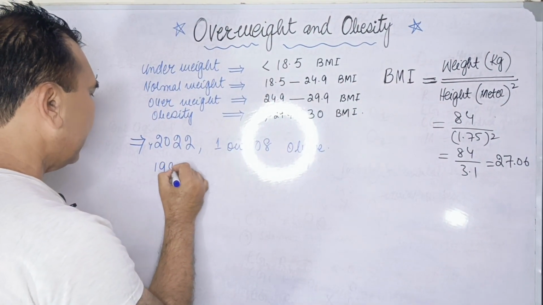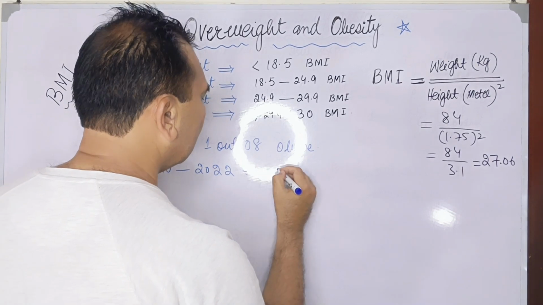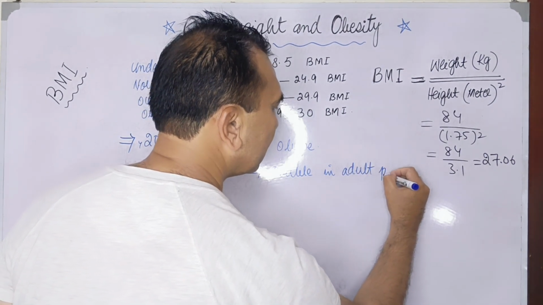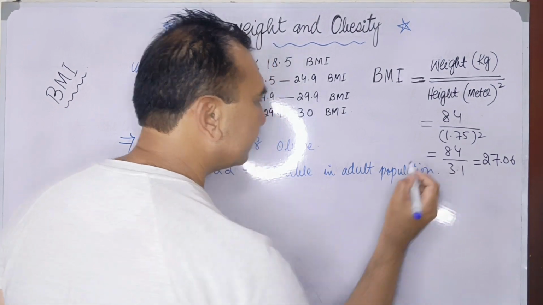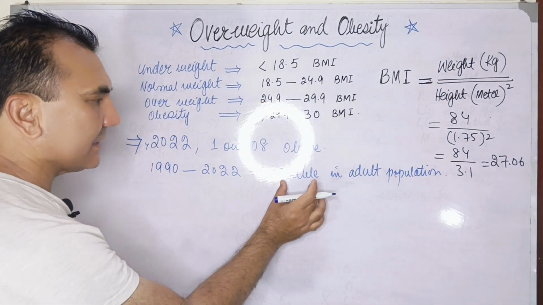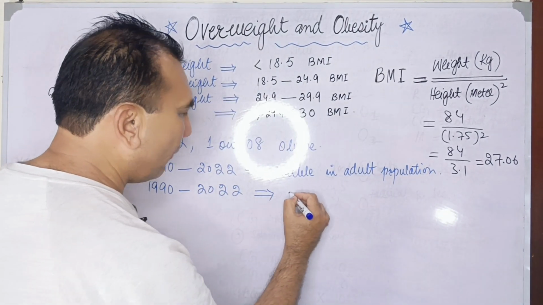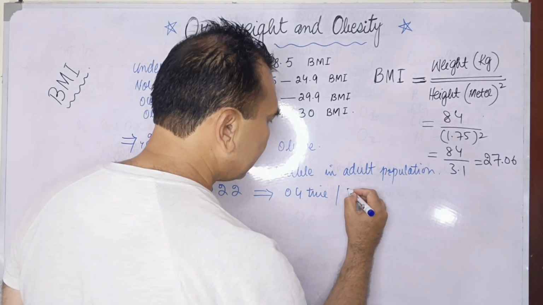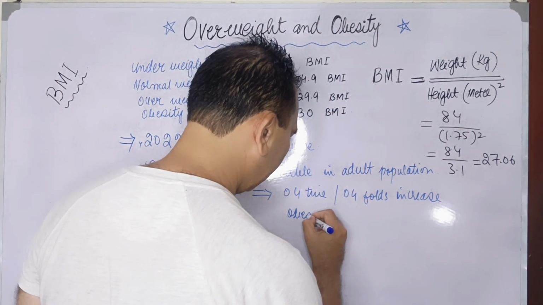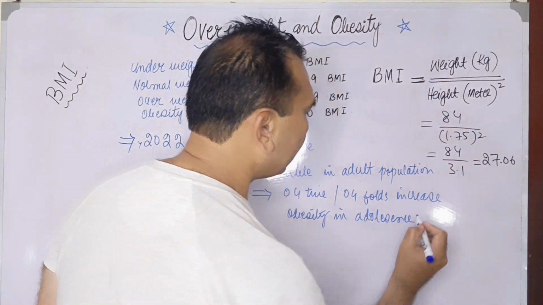According to the WHO, from 1990 to 2022, obesity has doubled in the adult population, and from 1990 to 2022 it has become a four times, or fourfold, increase in obesity in the adolescent population.